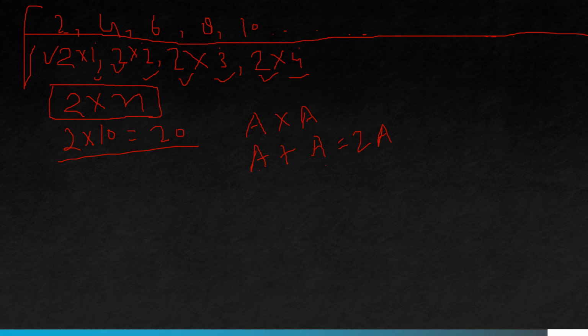But when we are multiplying a by a, then the by default power of a is 1, because the bases are the same. Here what is the base? A is the base. So when the bases are the same, then the powers of these bases will add, right? So what will be the answer? 1 plus 1. So what will be the answer? A to the power 2, or a square.